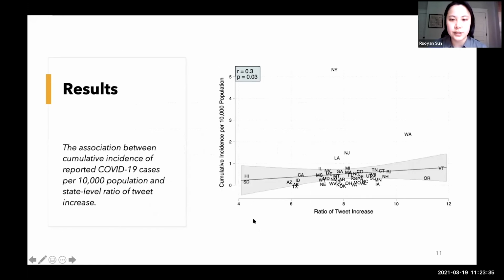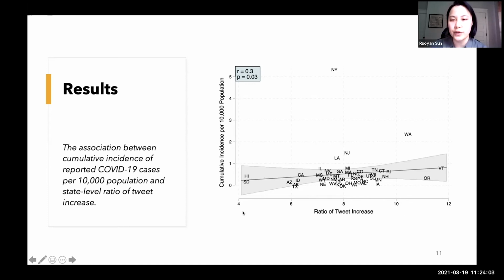Another set of data here is to look at the raw unadjusted correlation between cumulative incidence of reported COVID-19 cases per 10,000 population and the state level ratio of tweet increase. This figure is plotting all 50 states, and the y-axis is cumulative incidence per 10,000 population, and the x-axis is the ratio of tweet increase.